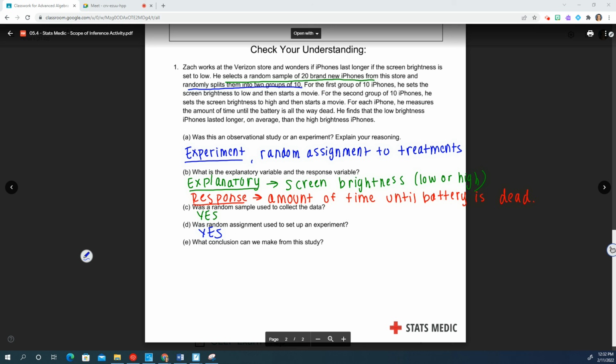Okay, what conclusion can we make from this study? Can we conclude that there's a causation here? Yes, because it was an experiment.